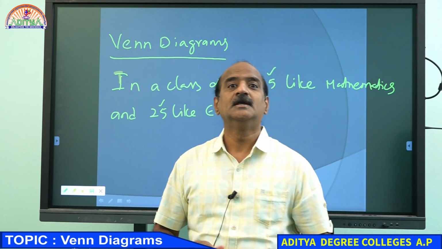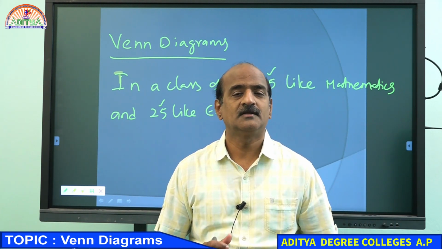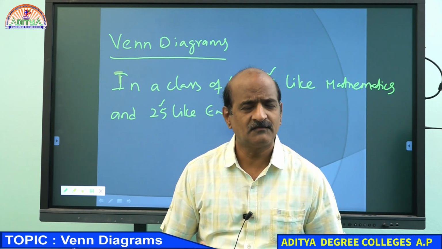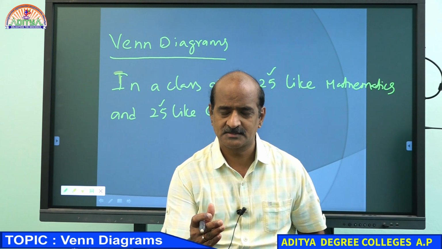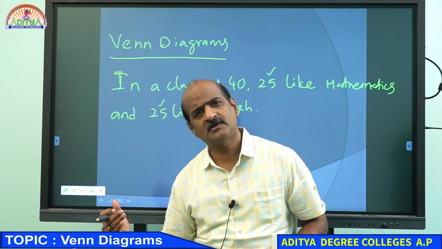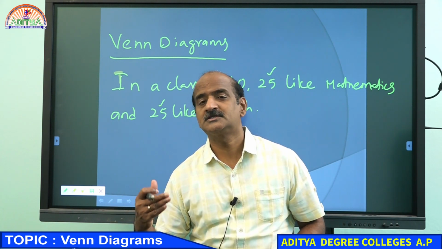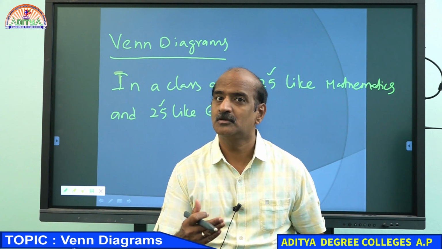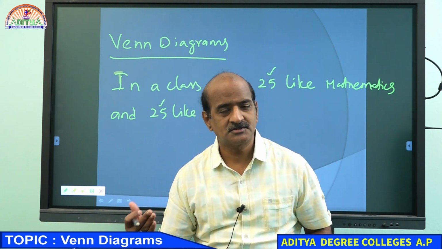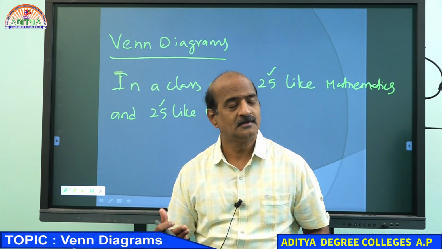So in this case, we are supposed to use the concept of Venn diagrams. Which means there must be some students who like both mathematics as well as English. Had there been no such students, we would never be able to satisfy this question.